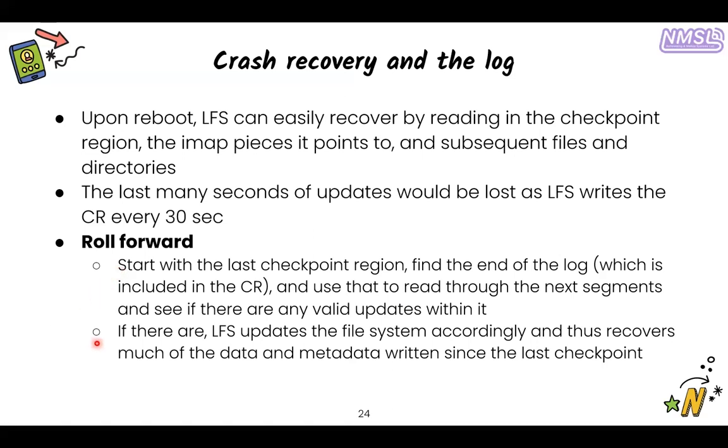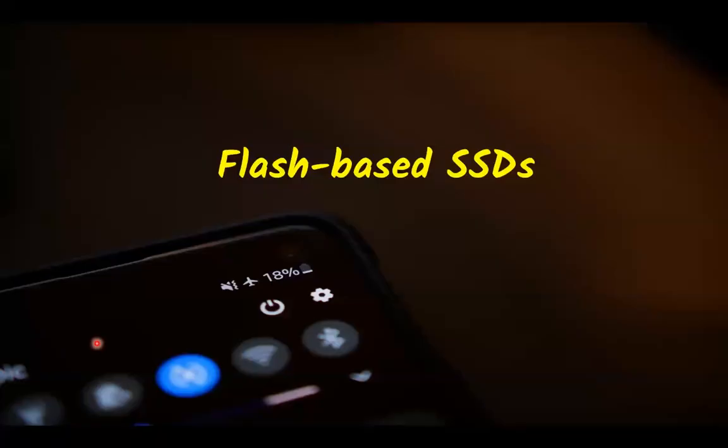If there is, LFS updates the file system accordingly and thus recovers much of the data and metadata written since the last checkpoint. Again, possibly there's nothing, but at least you try. So that's all they do for crash recovery.